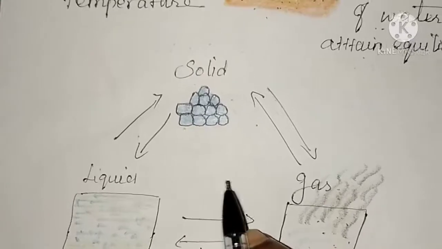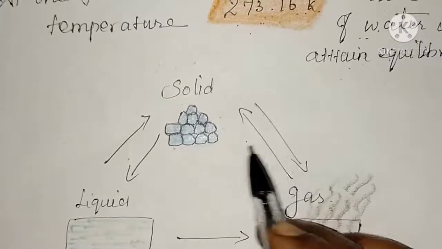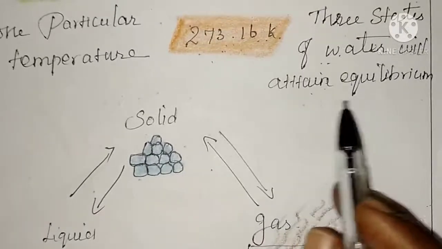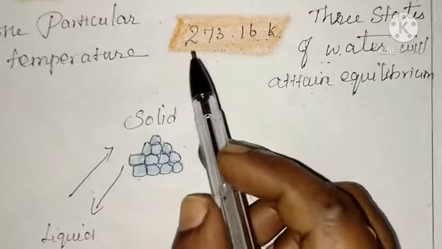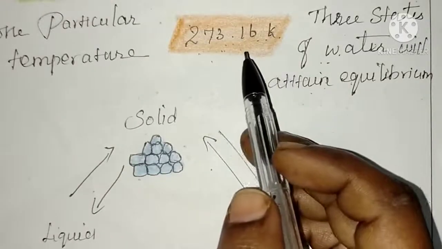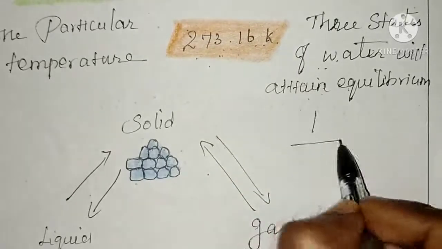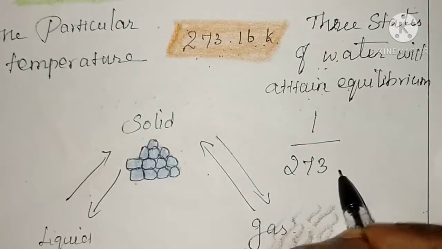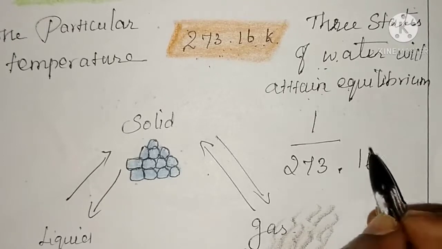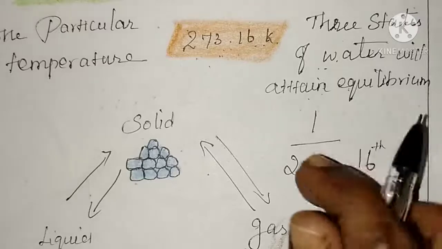So in these 3 states, at one particular temperature, it attains the same equilibrium state. The same temperature, what is that? 273.16. Here you just have to take the fraction 1 by 273.16. It is the thermodynamic temperature of the triple point of water.